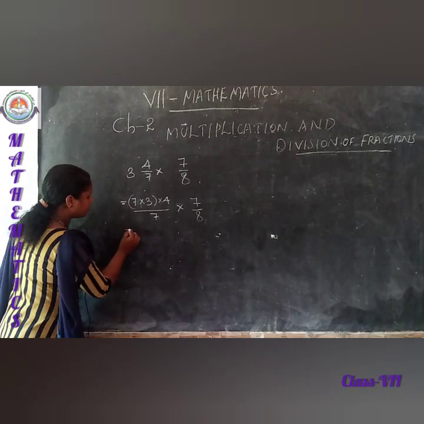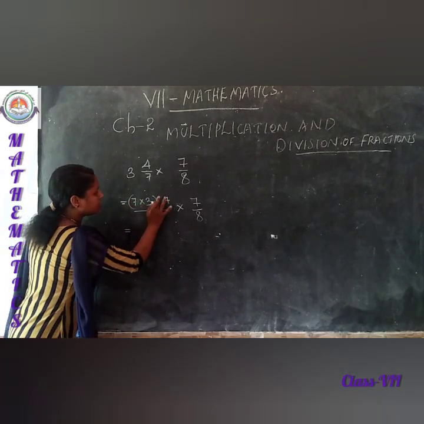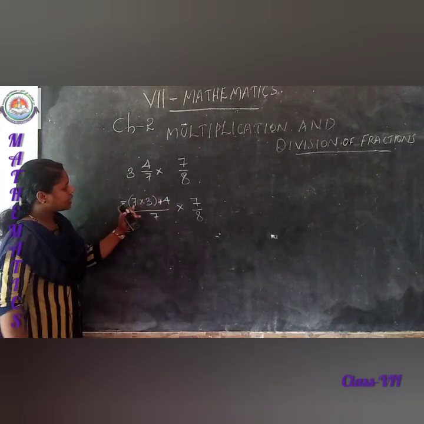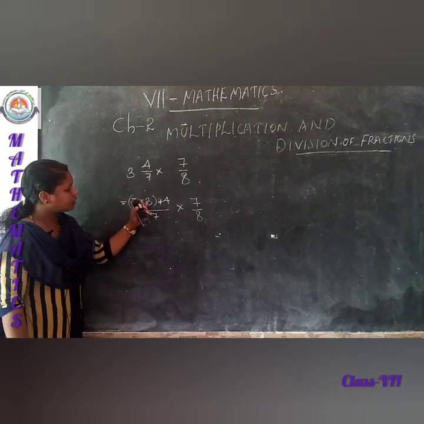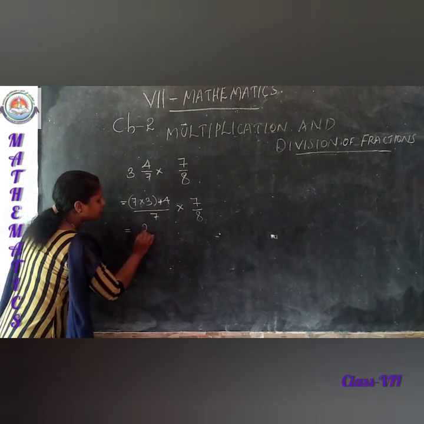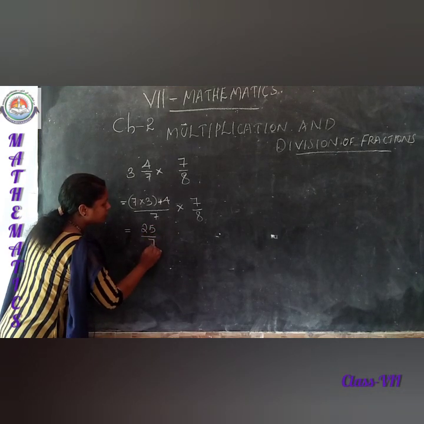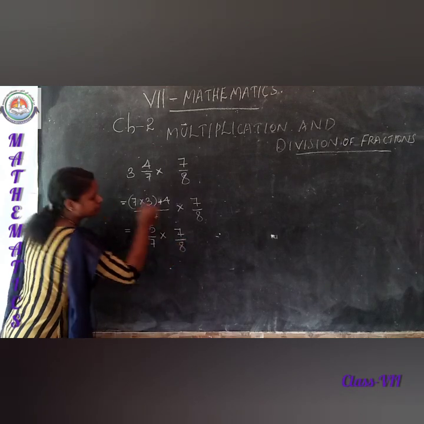Which is equal to 7 into 3 plus 4. What is 7 into 3? 21. 21 plus 4, 25 by 7, into 7 by 8.